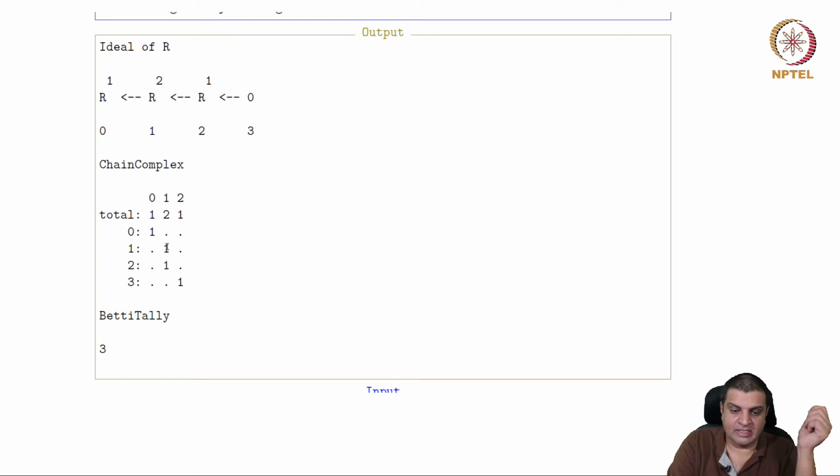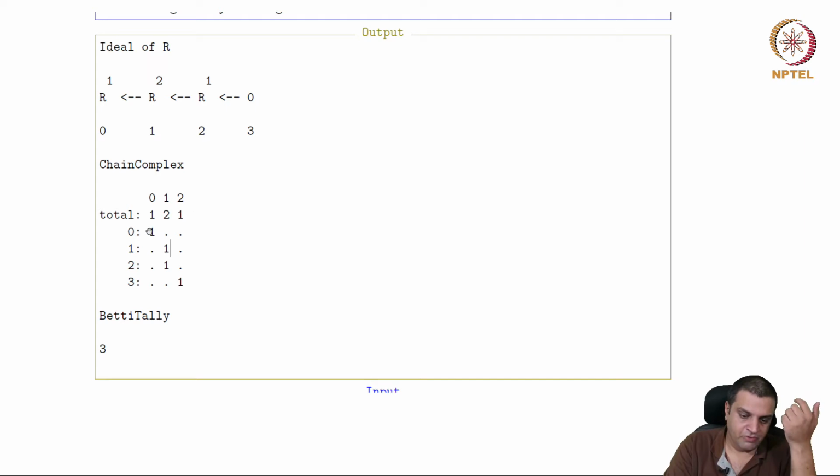That just corresponds to x squared and y cubed, and then it says there is a relation in degree 5, which is y cubed times one basis element minus x squared times the other. So that relation will be in degree 5, and this is what it says.